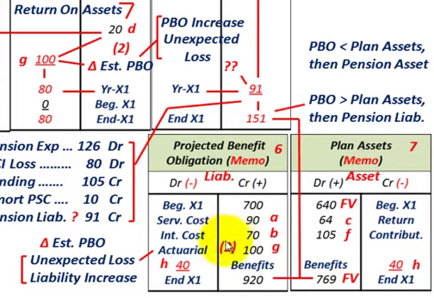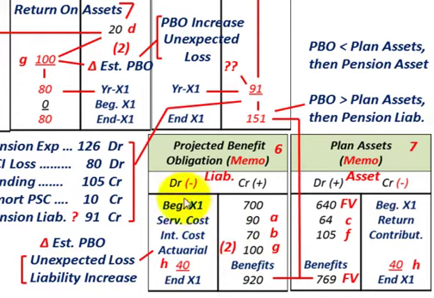So we would credit or increase our liability by $100,000. So that's simply a change here in our PBO benefit obligation or our liability, and that's going to be an unexpected loss. So you can see the unexpected loss, we're going to credit or increase our projected benefit obligation by that, and that is an increase here in the liability.